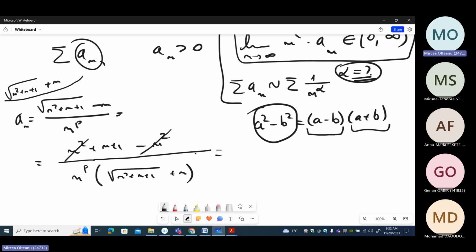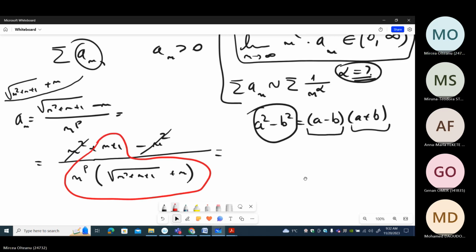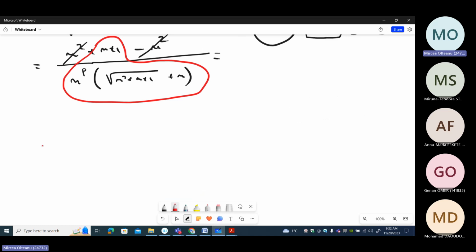And we finally obtained this expression. And now we shall apply the limit test in this form. So we shall compute the limit when n tends to infinity of n at alpha times n plus 1, and below we have n at p times the conjugate.